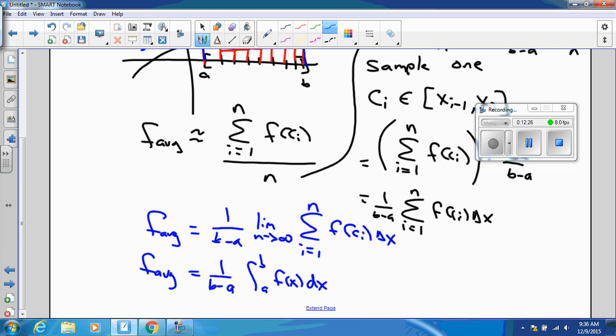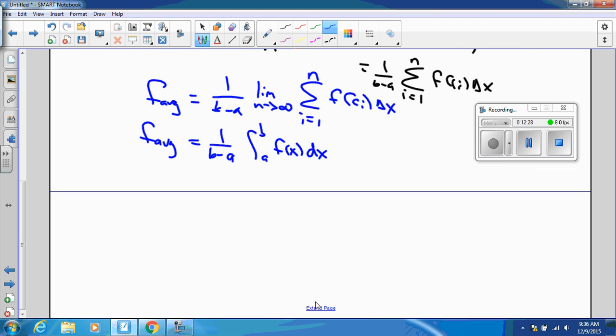That's a little better. Okay. So we have our average value. Question. Did we ever discuss what the difference was between the limit as n goes to infinity and the limit as the mesh size goes to 0? We slightly did, and the difference is this. This is the official way to make this happen.